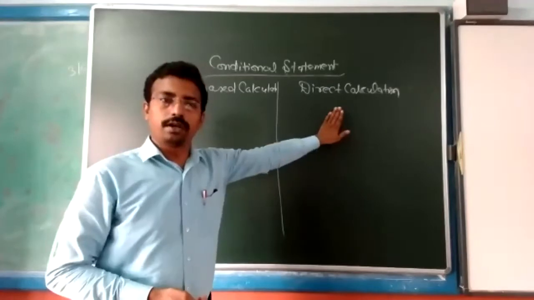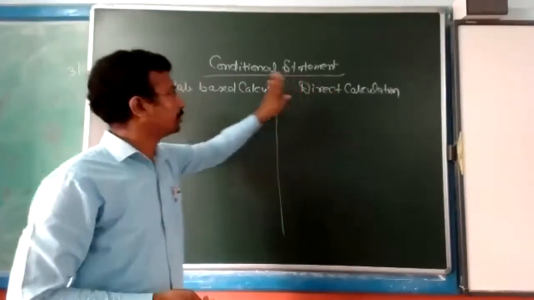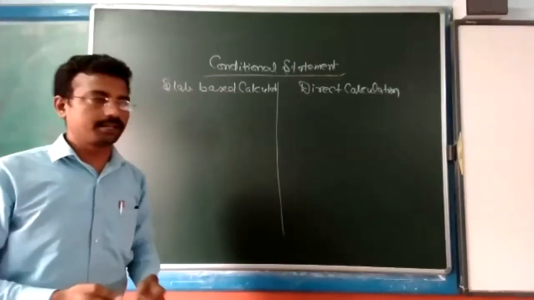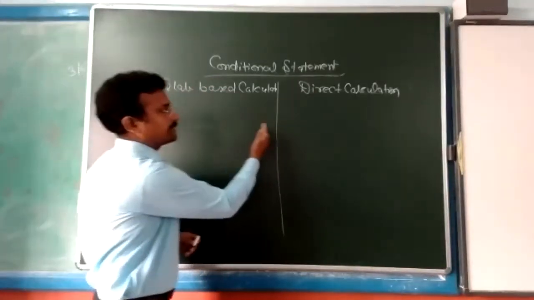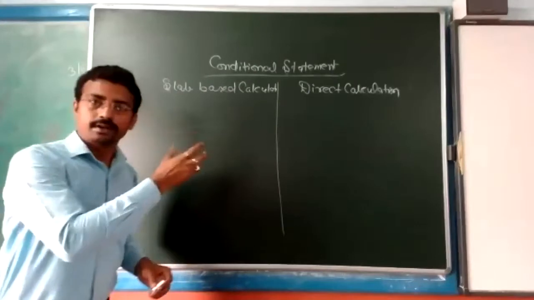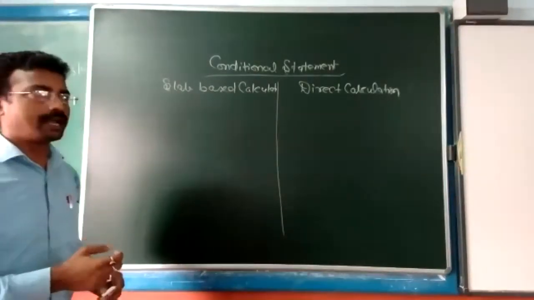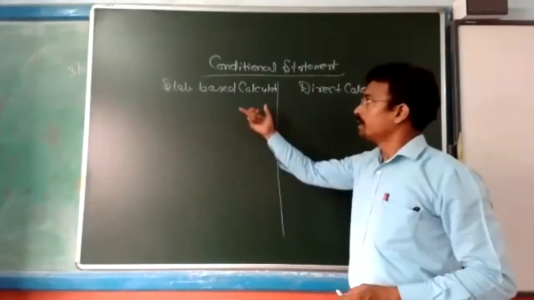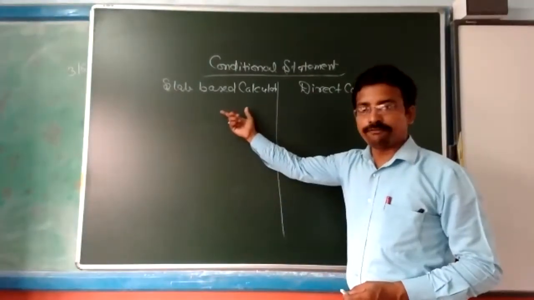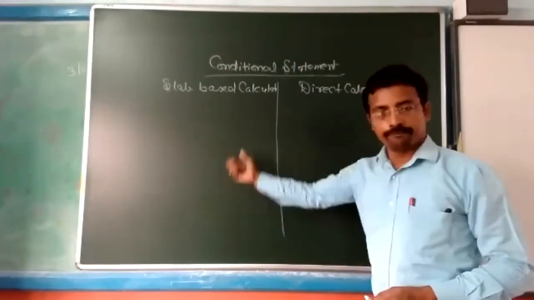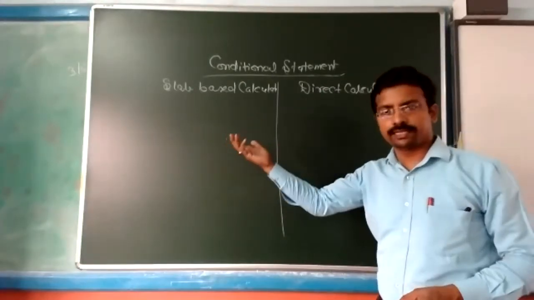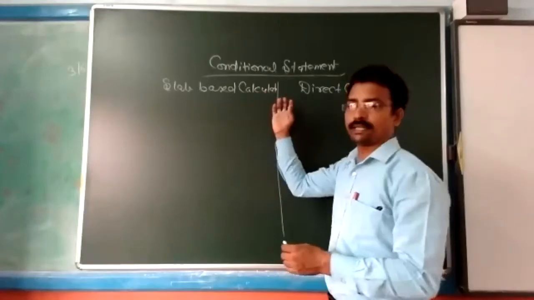A student usually gets confused between both calculations, and there is a difference between slab-based and direct calculation. If I make a criteria for slab-based and a criteria for direct calculation, you can easily understand the basic differences.